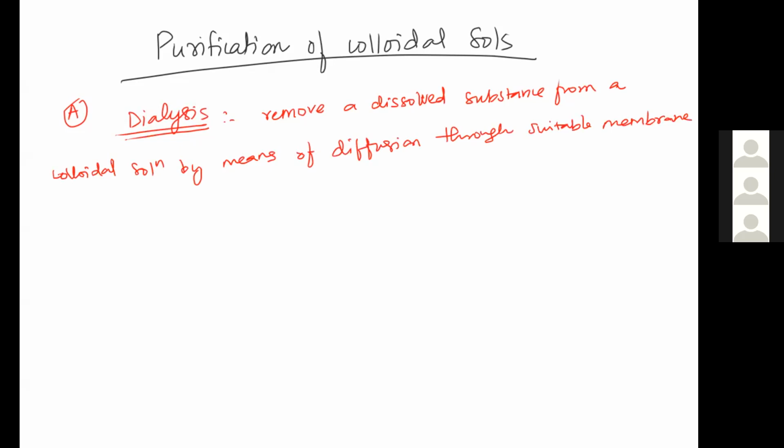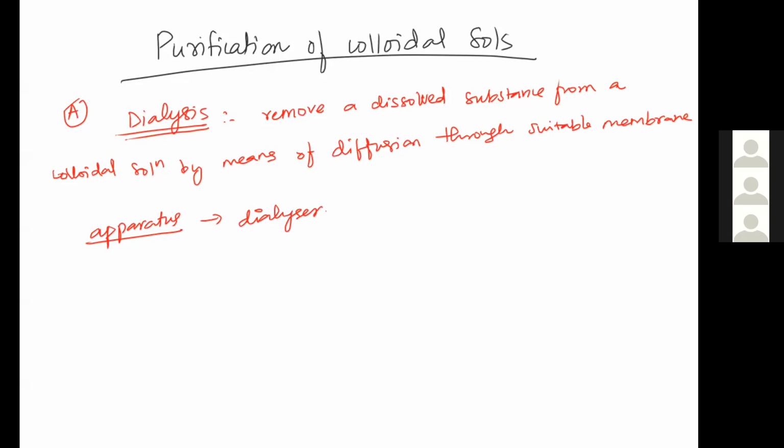Because particles in true solutions can easily pass through any membrane, parchment paper or cellophane sheet. But colloidal particles cannot pass through them. So we use an apparatus called a dialyzer. We have a bag of suitable membrane. It contains the colloidal solution.